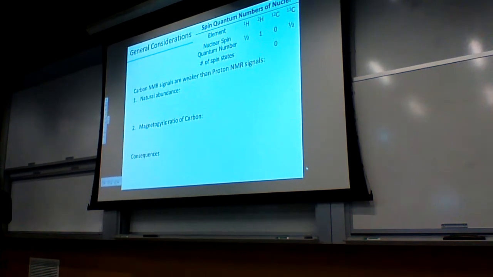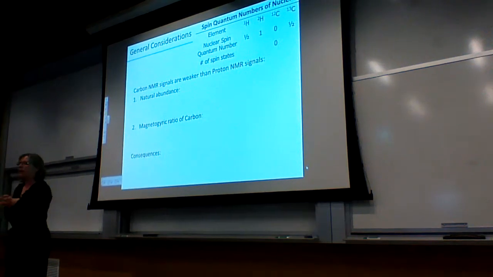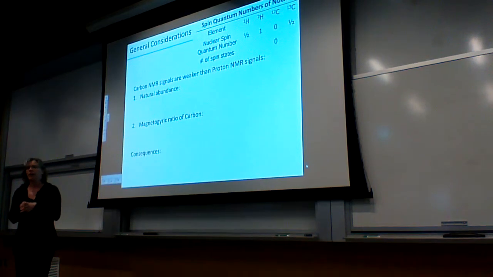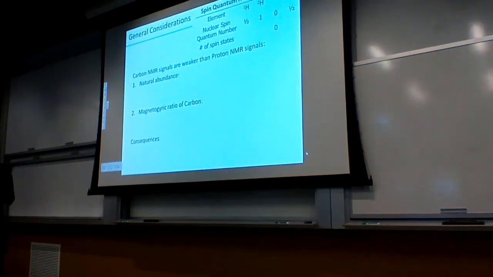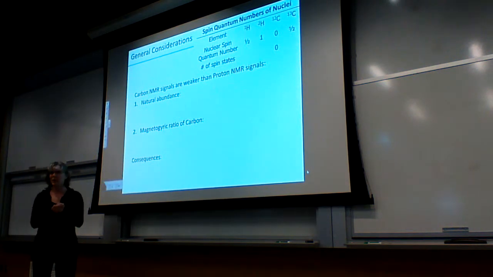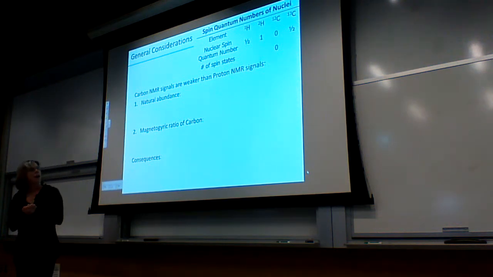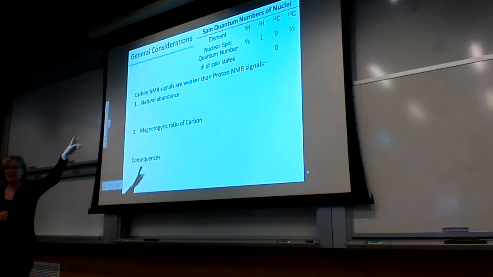We talked about proton NMR and how the proton interacts with the magnetic field, and then we get the two different energy states for the spins, and we can compare them using the radio frequencies. When we look at the spin quantum numbers, this was from the first part when we were talking about protons, and I truncated that table, just comparing proton and carbon now.